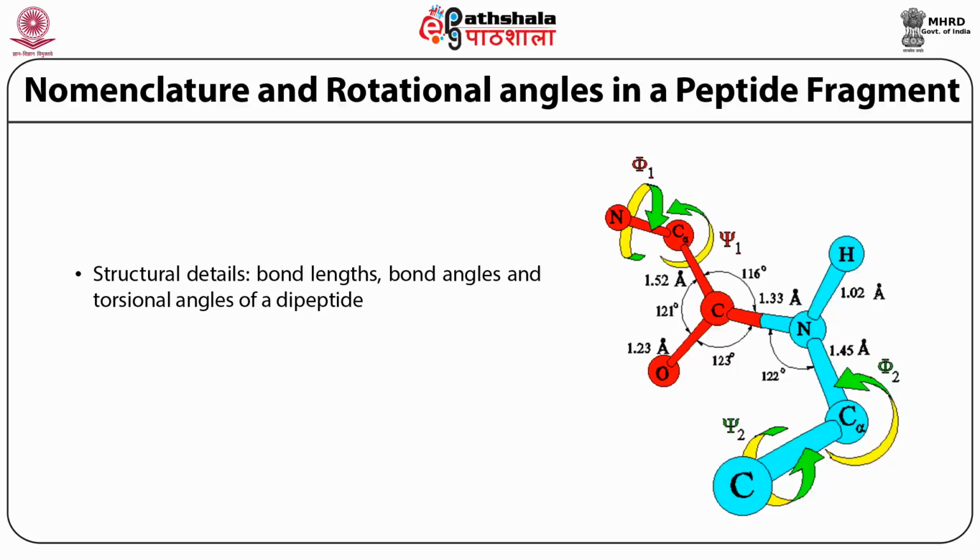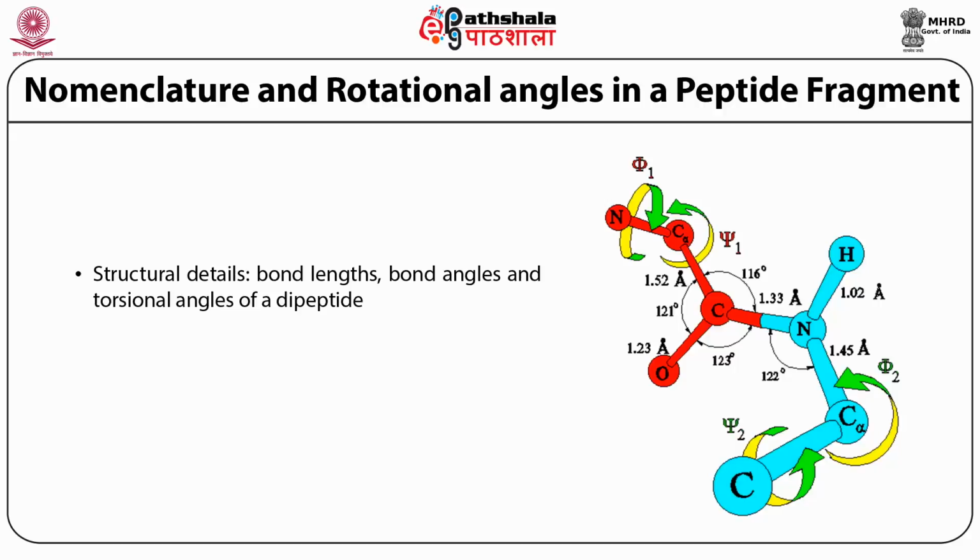For example, C alpha C bond length is 1.52 angstrom. CN bond length is 1.33 angstrom. N C alpha bond length is 1.45 angstrom.